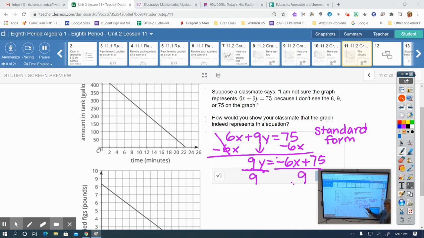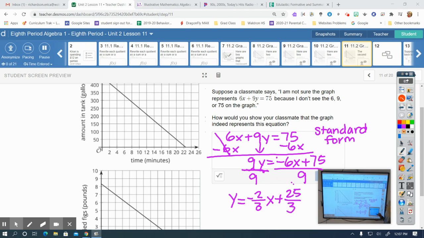And what you notice here is that we have one of those quotients that you just solved previously. So you do the same thing to solve for that. And so 9 divided by 9 gives us y. And then we have -6x divided by 9 gives us -2/3 x. And then 75 divided by 9, we want to leave that as a fraction because it's not a whole number, and it's 25/3.